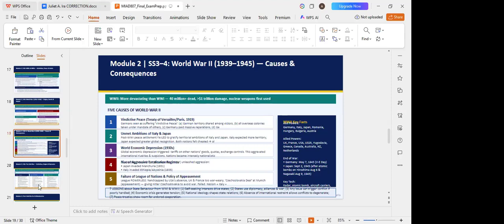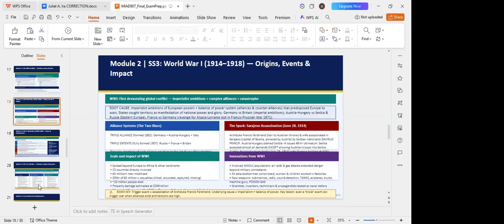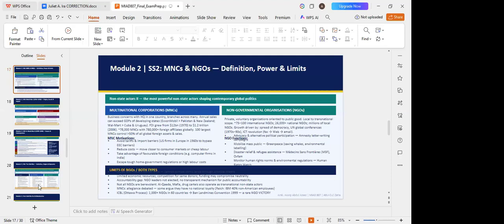Contributing to international peace and security. Thank you very much. Promotion of international peace and security is also an example. They also create opportunity for providing employment. Okay. So, in essence, all what he mentioned are positive contribution of actors in global politics.